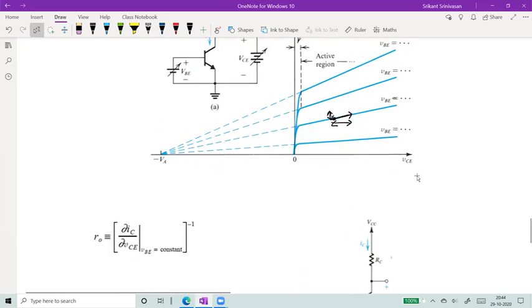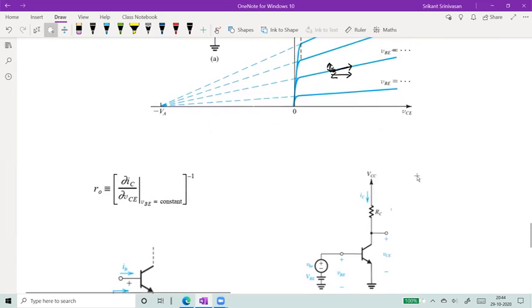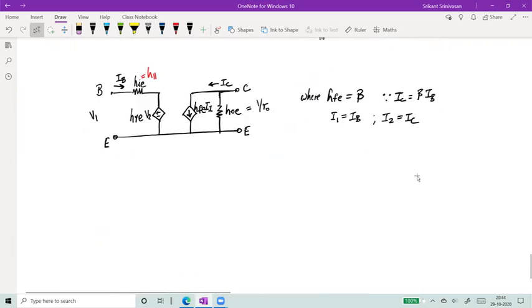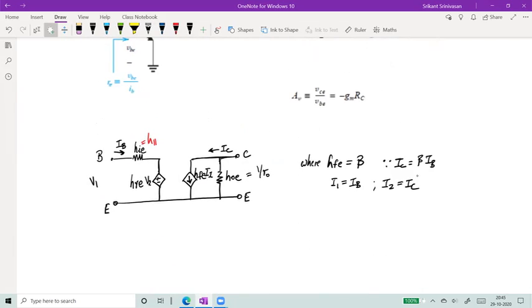Or in other words, if I take DIC by DVCE, the change in IC for a change in VCE is very small, right? From the output side, you cannot change the collector current much. Therefore, this term 1 by R naught is a very small number. So there is a very small output admittance, and therefore usually this extra term can be removed.